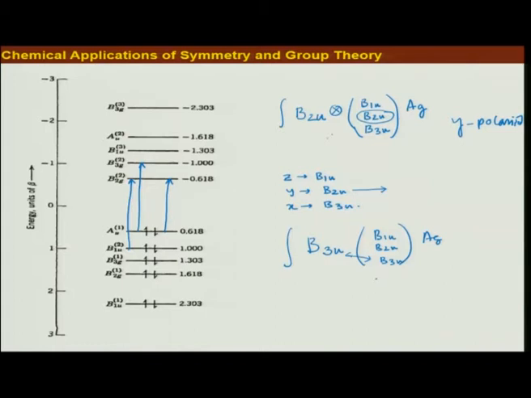So therefore this transition is overall allowed, and specifically this transition is X polarized, right? If I have to mark here, this transition is y polarized, while these two are X polarized, both of them. So this as well as this, both of them are X polarized.